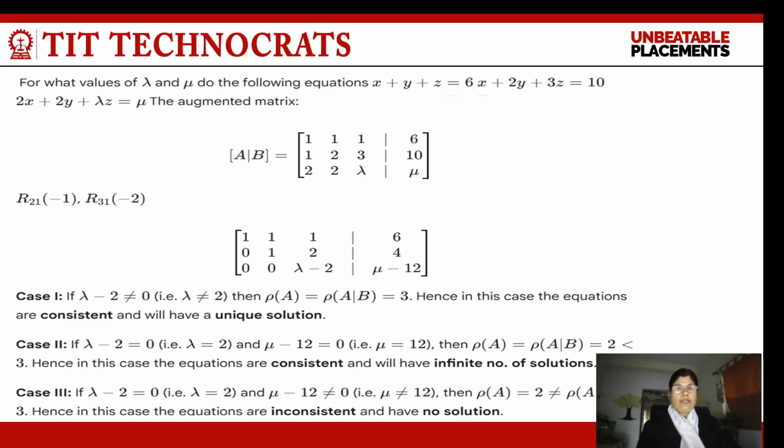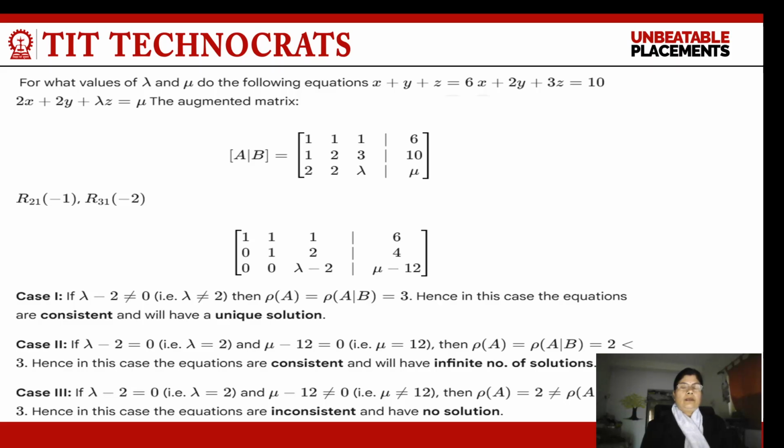Now we take the next problem: for what values of lambda and mu do the following equations, x plus y plus z is equal to 6, x plus 2y plus 3z is equal to 10, and 2x plus 2y plus lambda z is equal to mu.